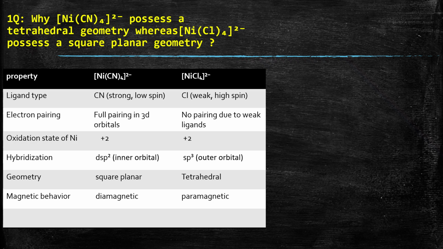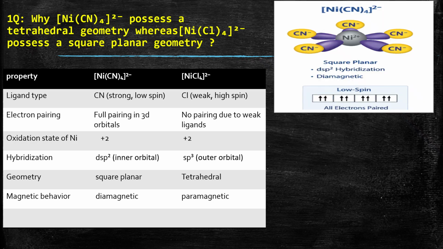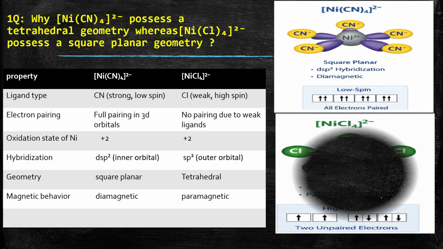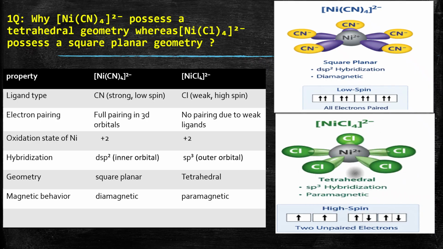Because of that it shows dsp2 hybridization, square planar geometry and diamagnetic nature. In tetrachloronickel there is no change in the electronic configuration, so electrons first enter the s orbital then the p orbital. So the geometry is tetrahedral and it shows paramagnetic nature.